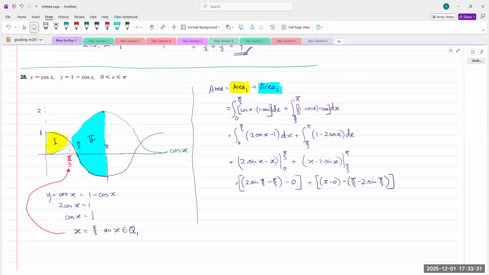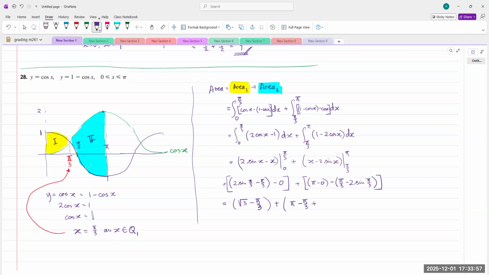Let me move it a little bit to the left, so that when I save it, it's not too far, becomes too small. Okay, so sine pi over 3 is radical 3 over 2 times 2, that's radical 3 minus pi over 3 plus pi minus pi over 3 plus 2 plus radical 3. Okay, so we have 2 radical 3 and then pi minus 2 pi over 3, that's pi over 3.